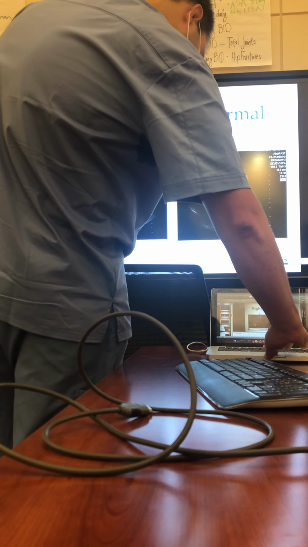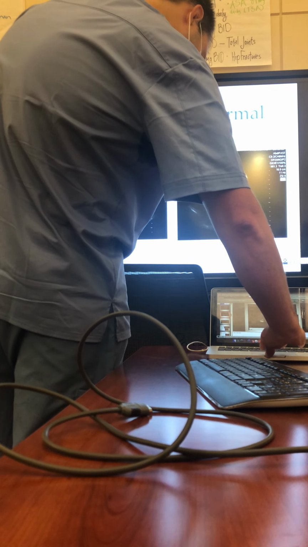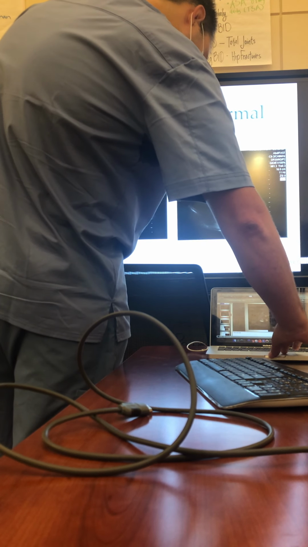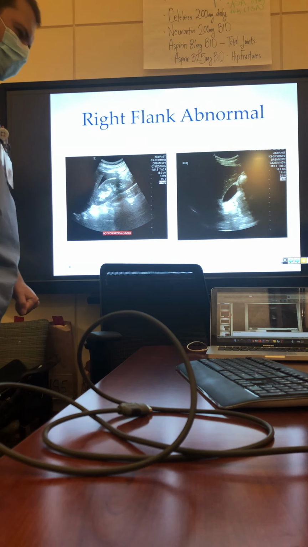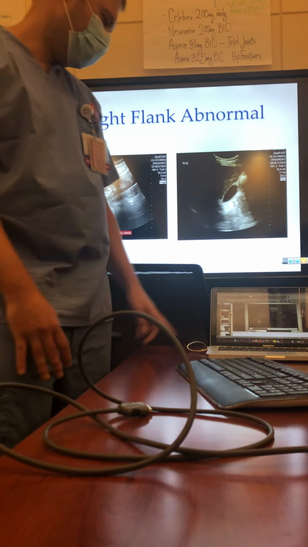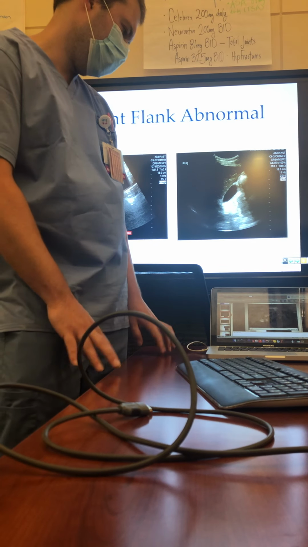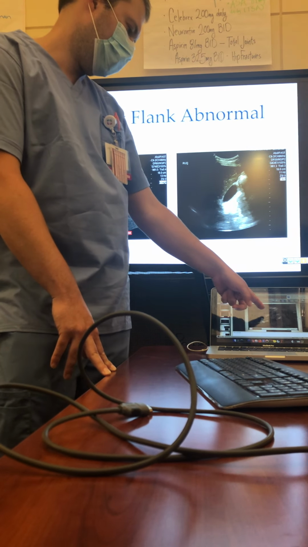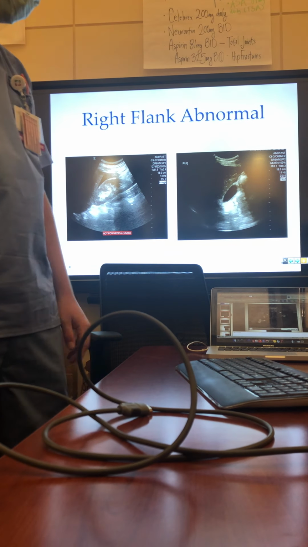Let's see if I can blow this one up too. Here, we'll play this clip. So you guys see, it even extends down here at the inferior pole of the kidney. Liver, kidney, fluid. So the anechoic is the fluid?